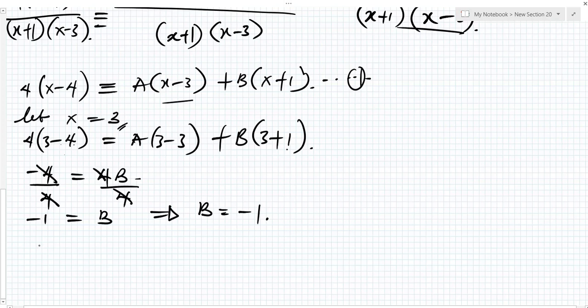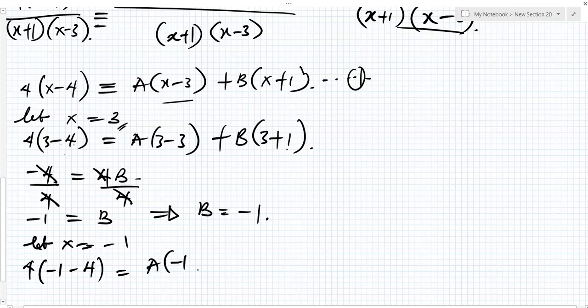Okay, let x equal to minus 1. Anywhere you see x, you substitute it for minus 1. So minus 1 minus 4 equal to a into minus 1 minus 3 plus b into minus 1 plus 1.